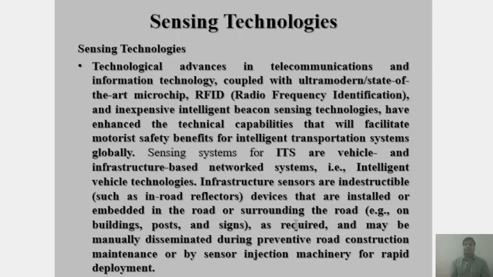So what are these sensing technologies? They are vehicle and infrastructure based network systems. It means intelligent vehicle technologies, where infrastructure sensors, basically reflector devices, can be installed or embedded in the road surroundings, such as buildings, posts or signs as required, and may be manually disseminated during preventive road construction and maintenance by sensor injection machinery for rapid deployment.